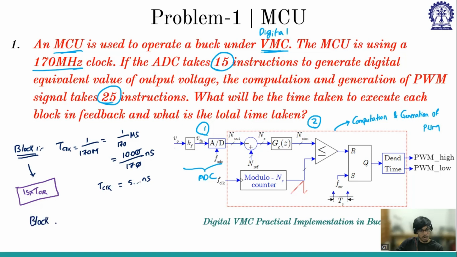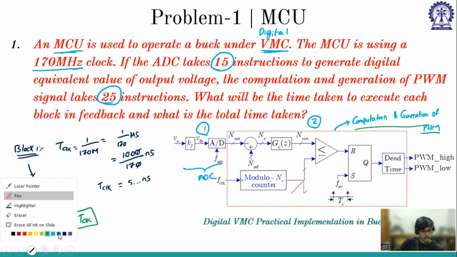And how much time does block 2 take? Block 2 time means the computation and generation of PWM. 25 into T clock, because each instruction will take one clock cycle.